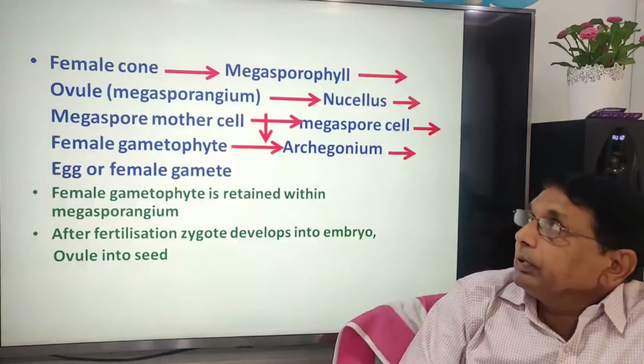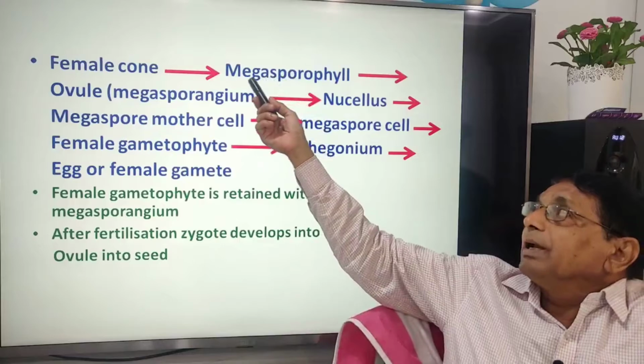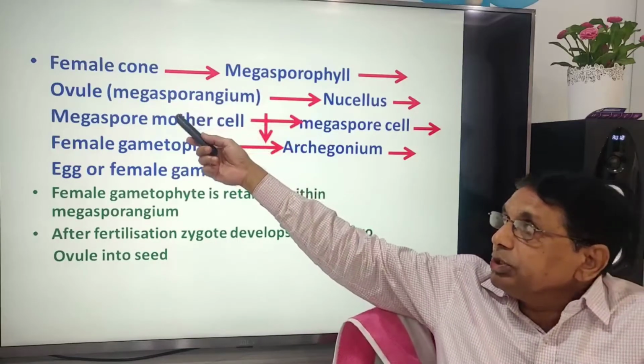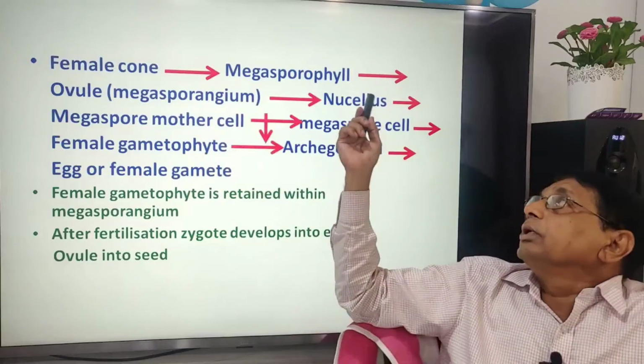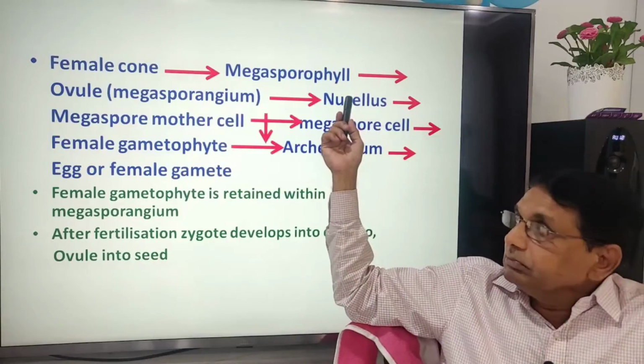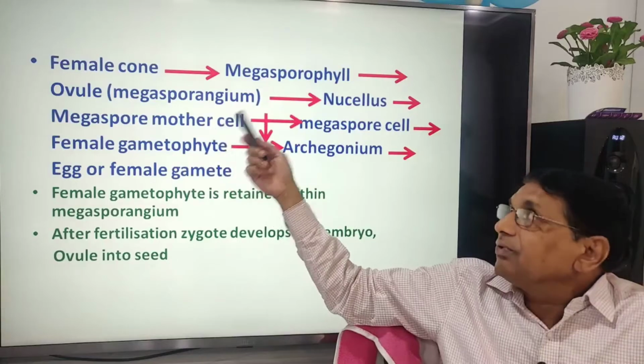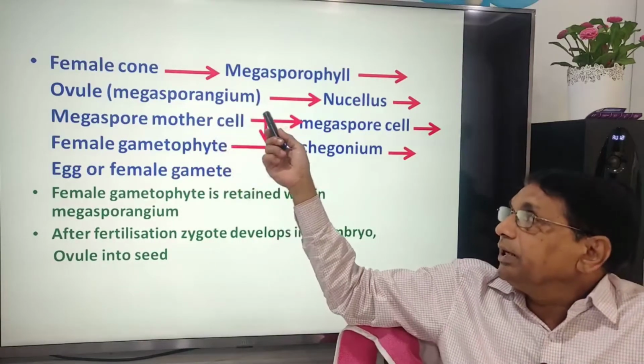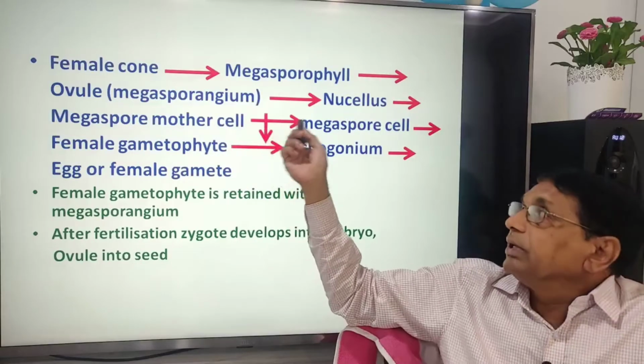The female cone produces megasporophylls, megasporangium, ovule, nucellus, megaspore mother cell. One of the cells of the nucellus differentiates into a megaspore mother cell. It undergoes reduction division here.